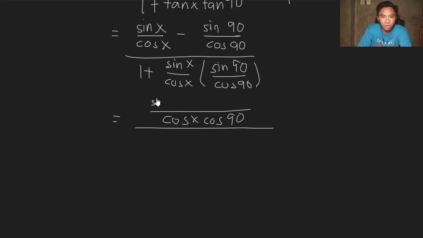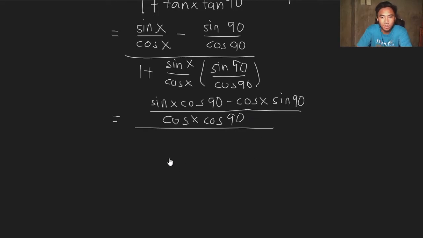So, sine x multiplied by cosine 90 minus, same here, cosine 90 divided by cosine 90 is 1, leaving cosine x sine 90.